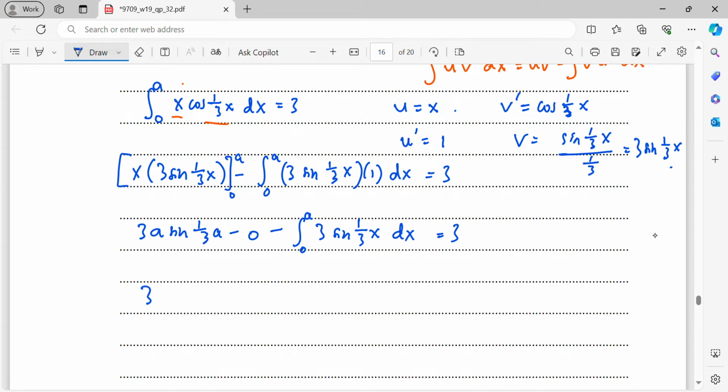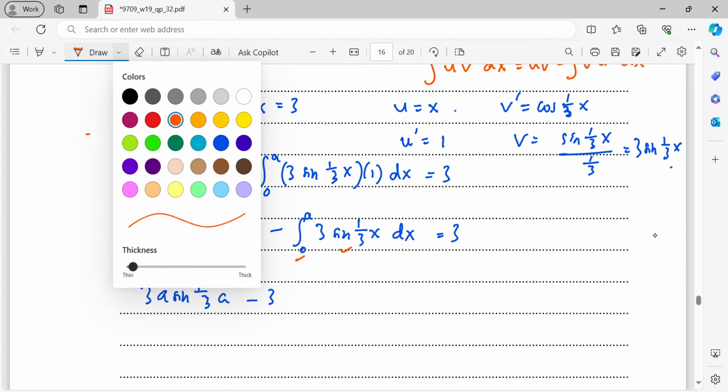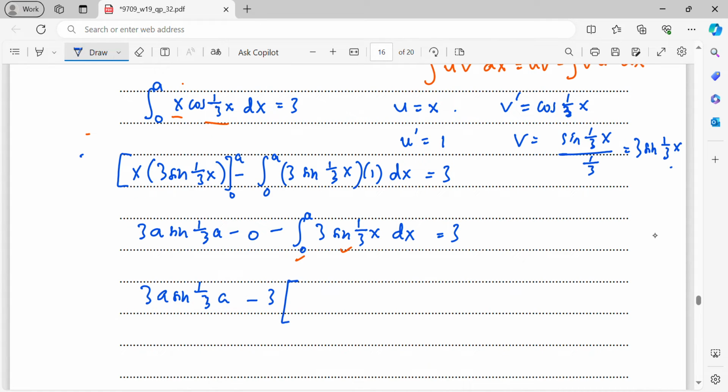So here I will write 3a sine 1 over 3a minus, okay, take out the 3. So when you integrate sine, it will be minus cos. So I will write minus cos 1 over 3x divided by 1 over 3, from 0 to a, that equals to 3.